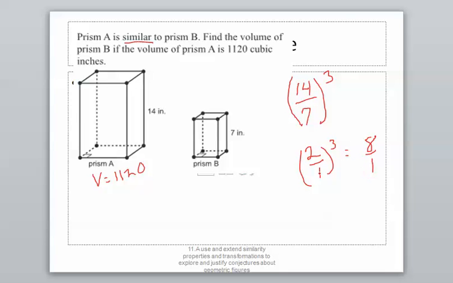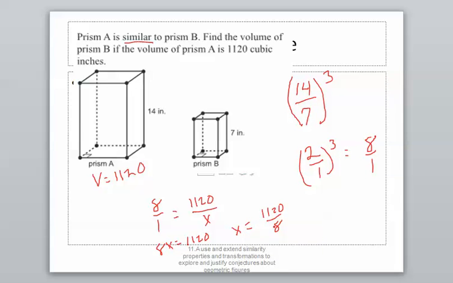Now, if I write that 8 over 1 as a proportion to the volumes, and remember, this is the bigger one, so it's 1,120 up here divided by x. We'll be able to figure out that 8x equals 1,120, or that x is equal to 1,120 divided by 8.